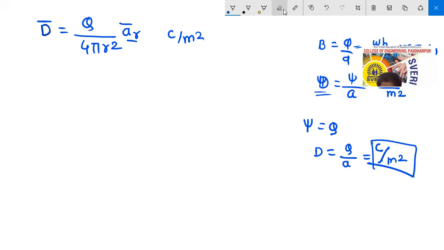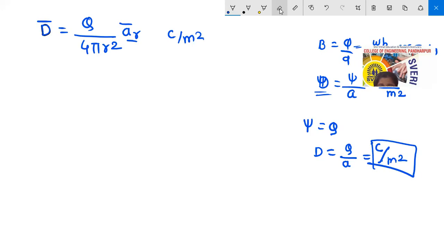So, that is psi is equal to Q. And if we consider the integral form, how can we write the expression for Gauss law? Yes, all of you noted or not? Tell me that integral form only.